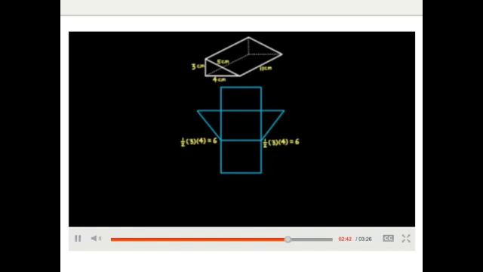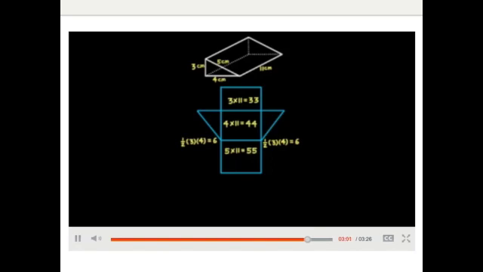To find the area of each rectangle, we multiply length times width. 3 times 11 equals 33. 4 times 11 equals 44. 5 times 11 equals 55.